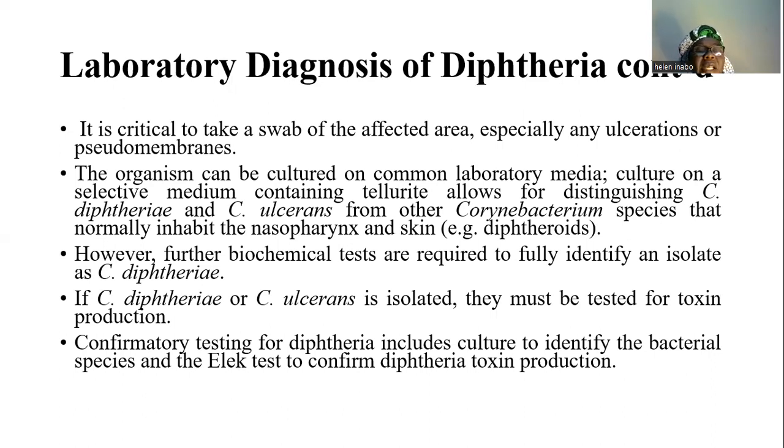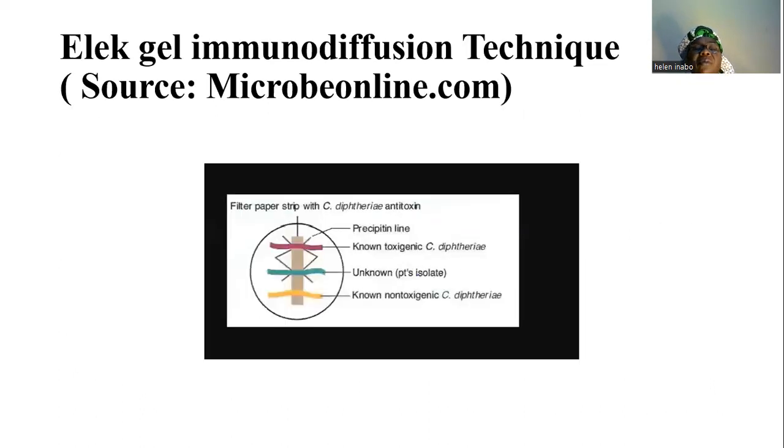So the confirmatory testing for diphtheria includes culture to identify the bacterial species and the Elek test to confirm diphtheria toxin production. This is the Elek gel immunodiffusion technique.